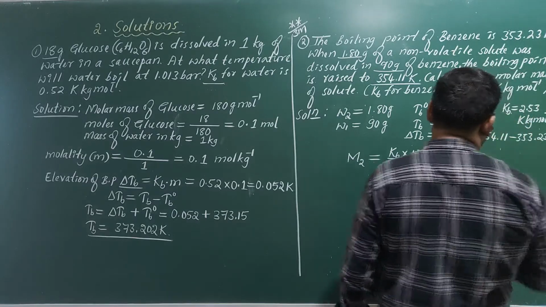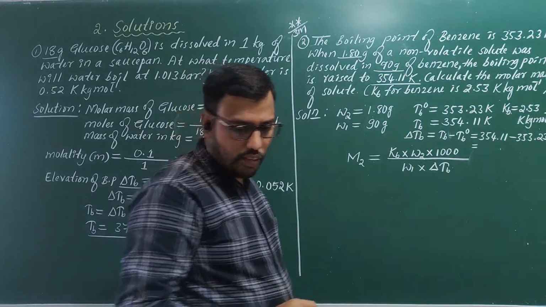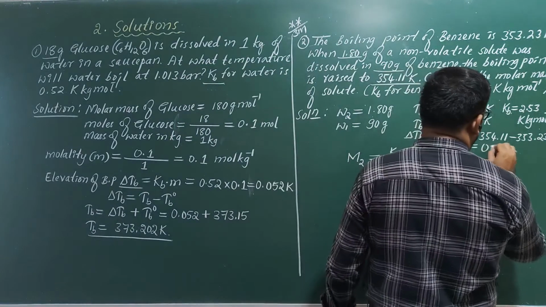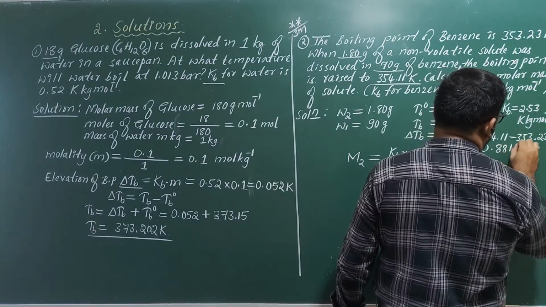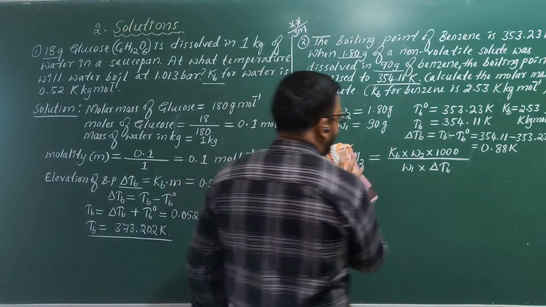So we will get 0.88 Kelvin as the value of delta TB.